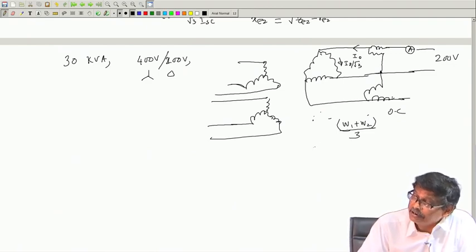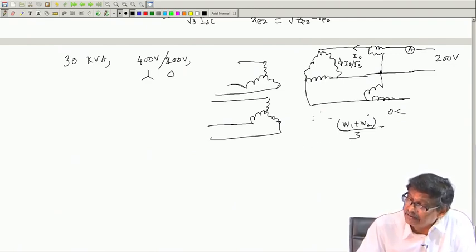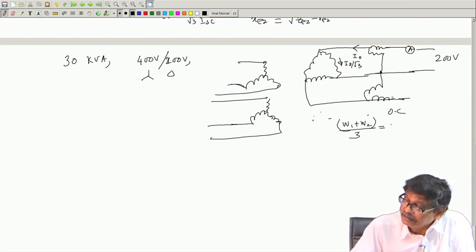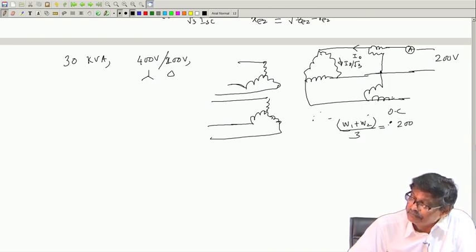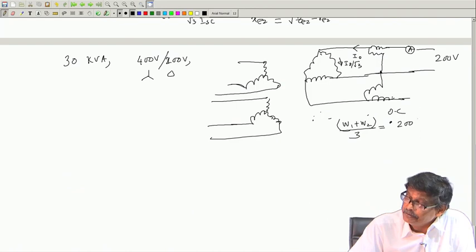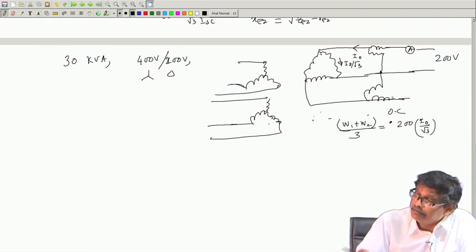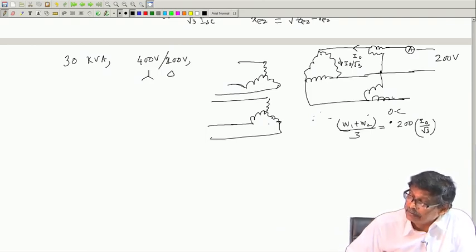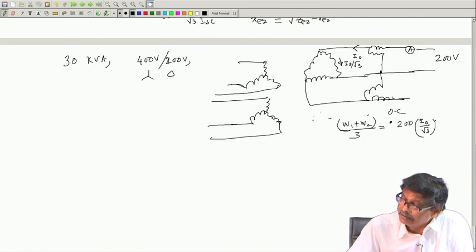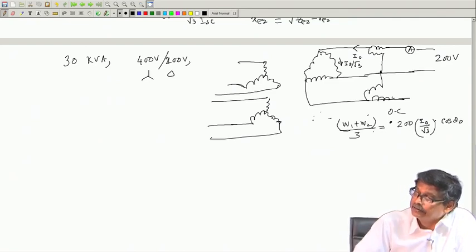So, in that case I will do it like this: W1 plus W2 by 3 equals V naught into I naught by root 3 into cosine theta naught, and calculate cosine theta naught.